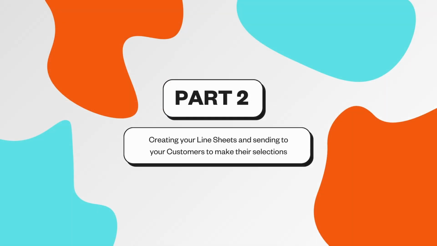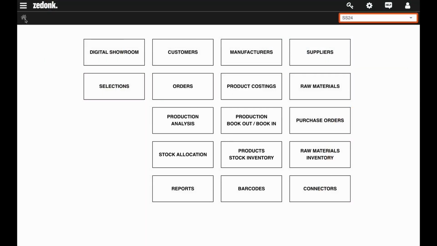Before diving into creating line sheets and selections, make sure you've completed the Digital Showroom setup in the system settings. Now, let's explore the two main areas within the Digital Showroom module. You'll see Digital Showroom. This is where the magic happens. Create line sheets to showcase and organize your products for your buyers.